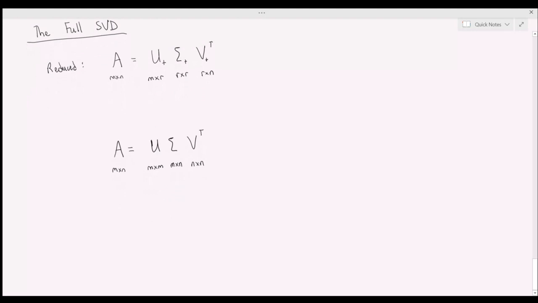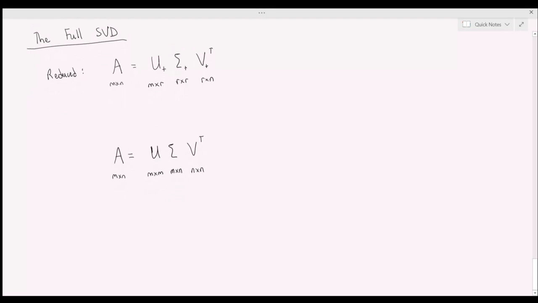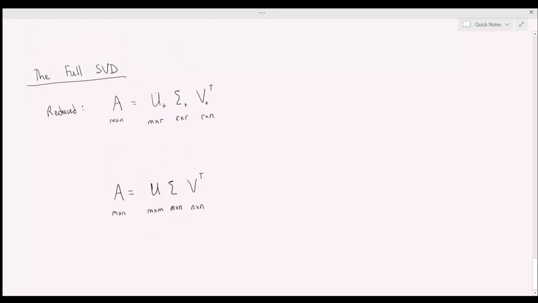And basically the difference between the full SVD and the reduced SVD is, in the reduced we did not bother finding eigenvectors corresponding to any zero eigenvalues that we may have had.